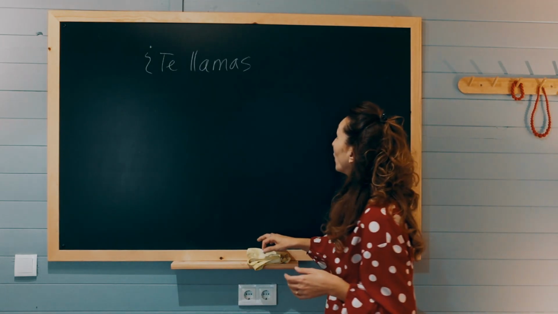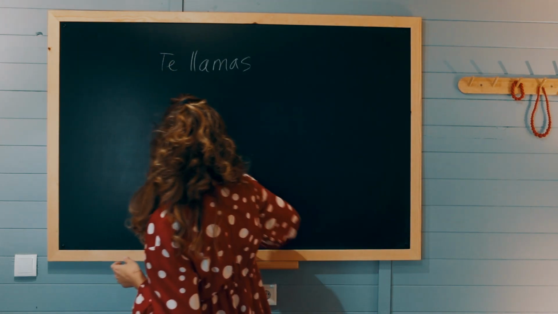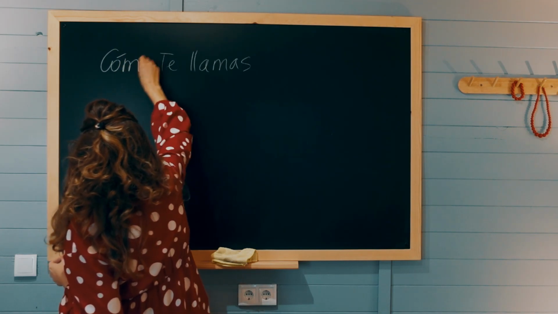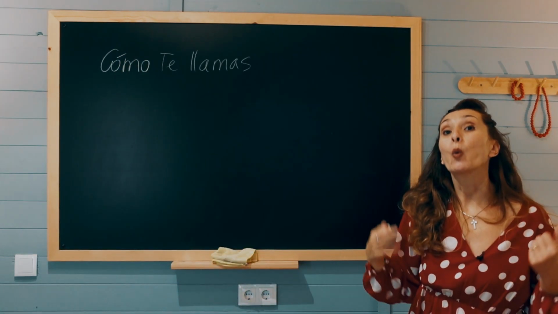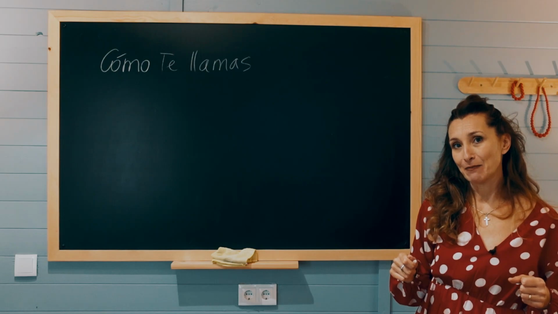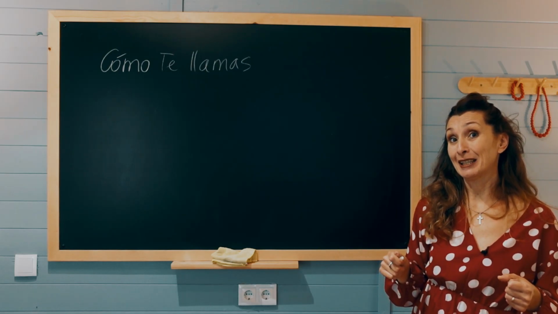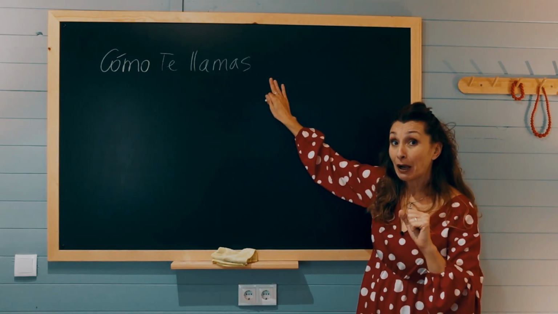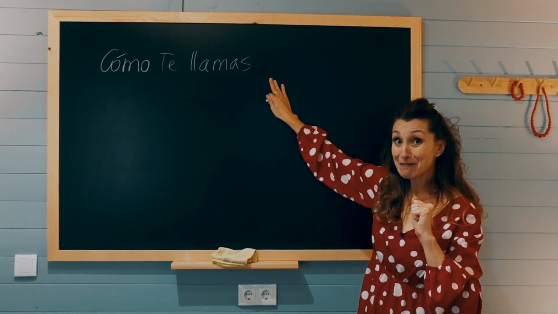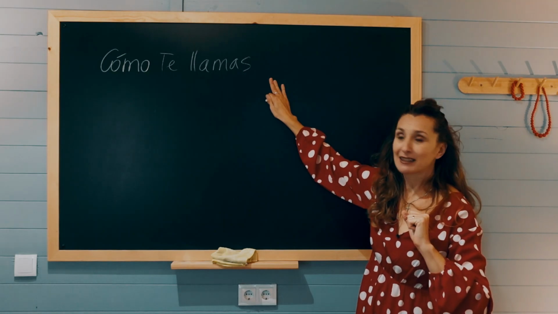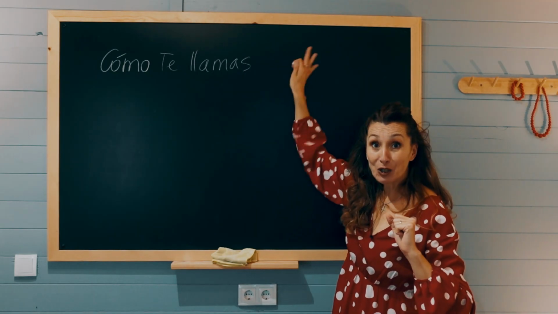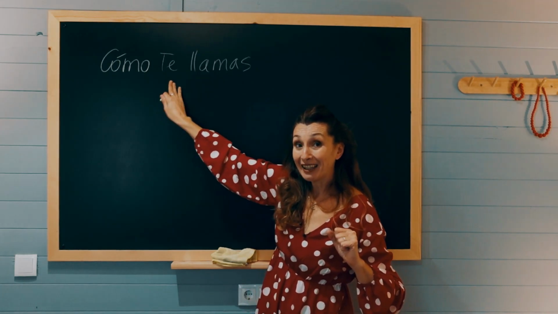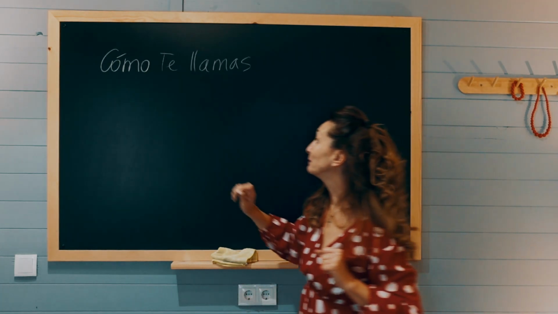So what we have to do here is add a question word at the beginning. What is your name? ¿Cómo te llamas? Okay, so instead of already inquiring about could Ana be your name, we just want her to tell us. So Ana is gone, and the question is ¿Cómo te llamas? Okay?